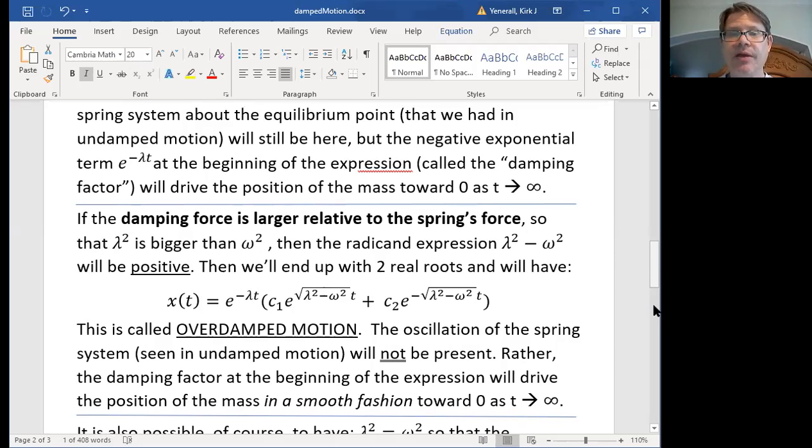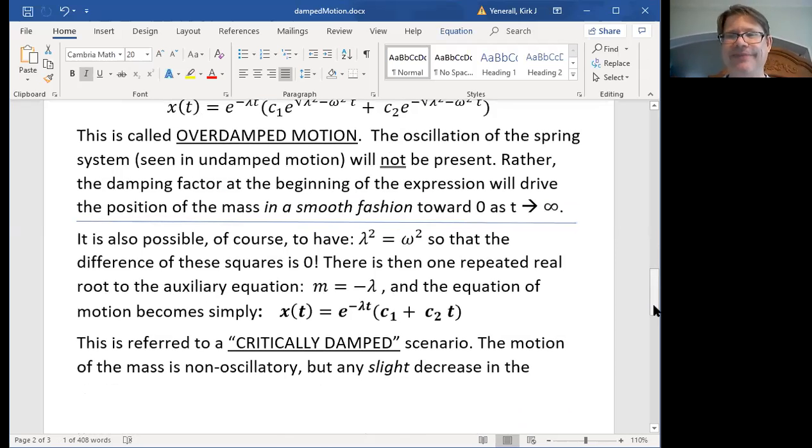There is, of course, a third possibility, the sweet spot, you could say, the place where the lambda squared and the omega squared are exactly equal to one another. If they're exactly equal to one another, then the situation is that we have only one repeated real root, and that is negative lambda.